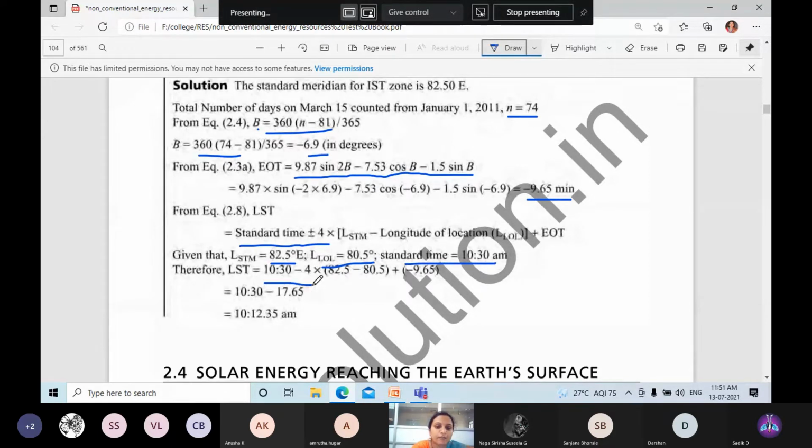So 10:30 minus 4 into (82.5 minus 80.5) plus minus 9.65, because we got the equation of time as minus 9.65 minutes. After solving, you'll get 10 hours, 12 minutes, 35 seconds. That is the LST.